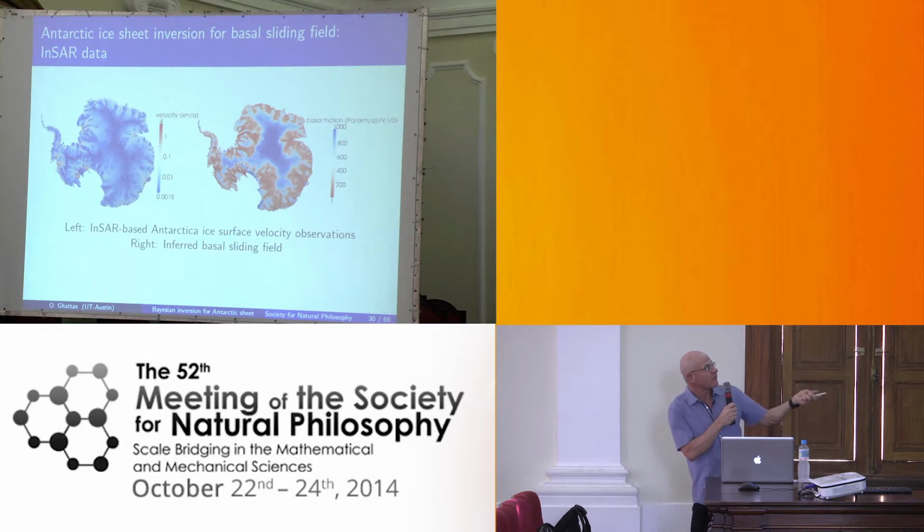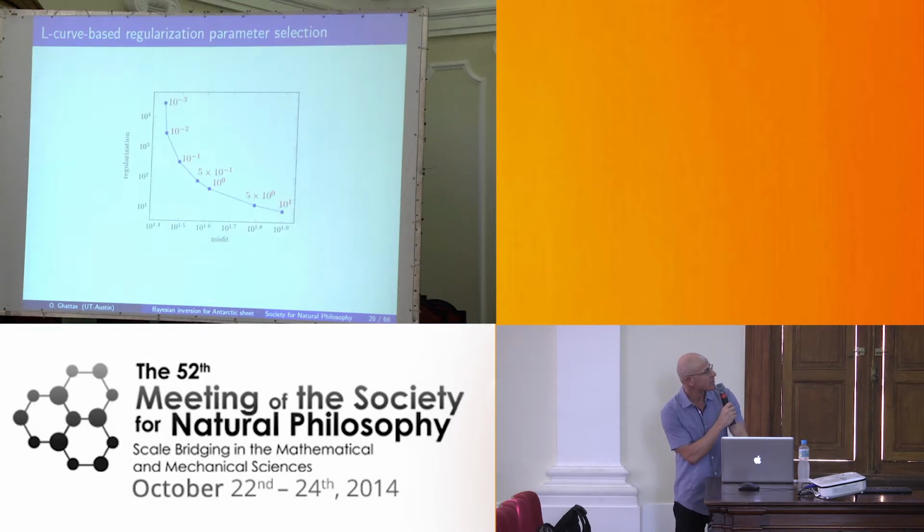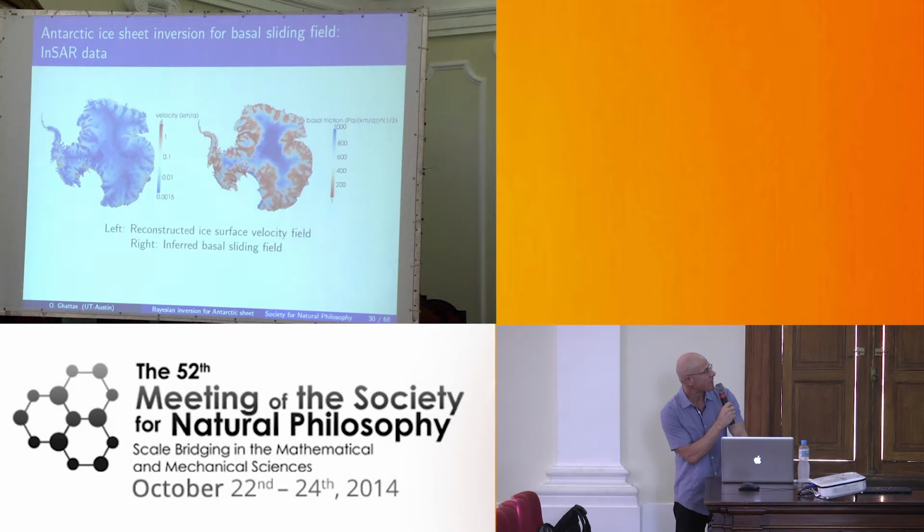So we don't get a perfect match, although we get a reasonably good one. What we care about, again, are these regions of fast-flowing ice, like the region we zoomed in on in the earlier video, where there are observations of increased flow. Those regions we tend to match quite well. It's in the interior where the ice is flowing slowly that we don't do as well.